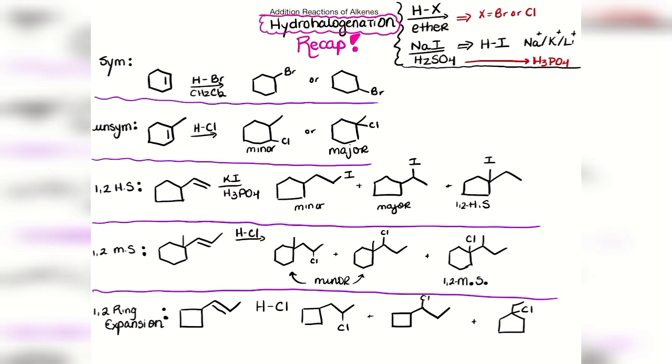So we've been doing a lot of problems with HX, and HX would be what we use if we had a Br or a Cl. But there are times that we may need to add HI to the problem. Do not be dismayed, because NaI with H2SO4, or again, changing some of the acids or the cations that are connected to the iodine, this would be the way that we would add HI.